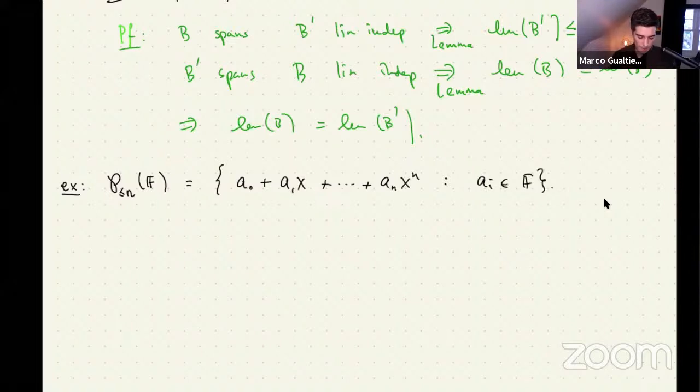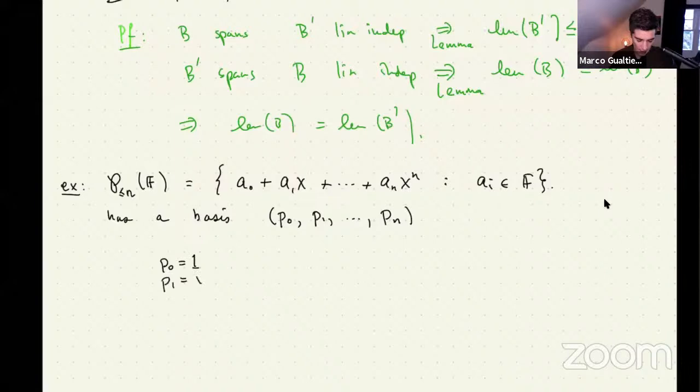So this has a basis. The basis consists of P0, P1, up to Pn. These are polynomials, i.e. vectors inside the vector space, and P0 is equal to 1, P1 is equal to x, P2 is equal to x squared, and so on, up to Pn is equal to x to the n.